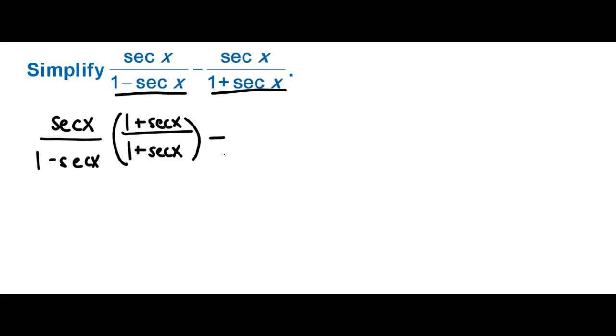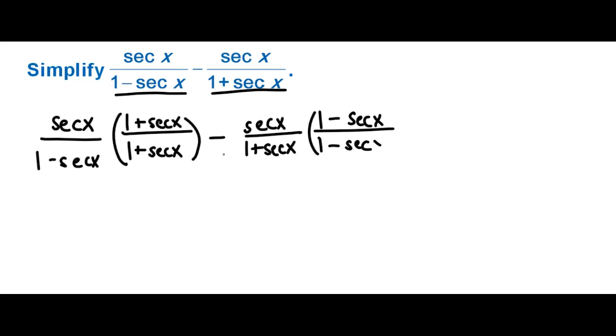And then I'll take my minus secant of x over 1 plus secant of x and multiply that by the opposite denominator, 1 minus secant of x over 1 minus secant of x. All right, now I will go ahead and simplify this a bit by distributing the secant of x here.